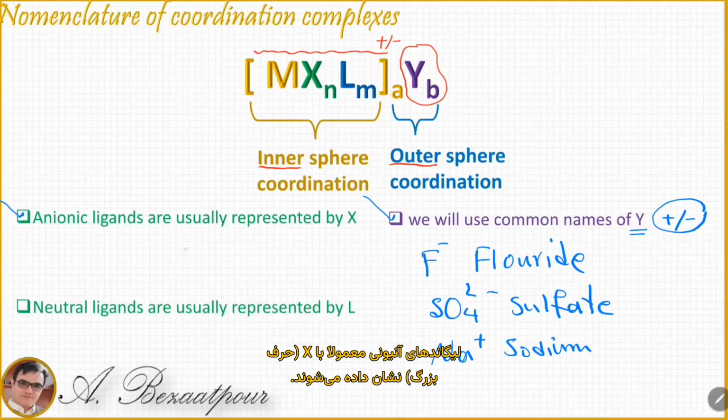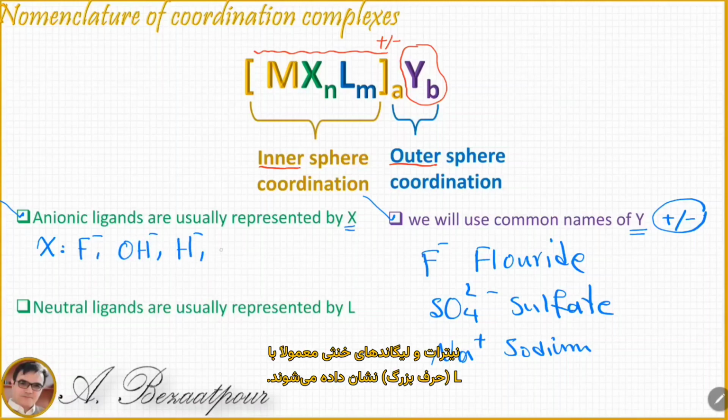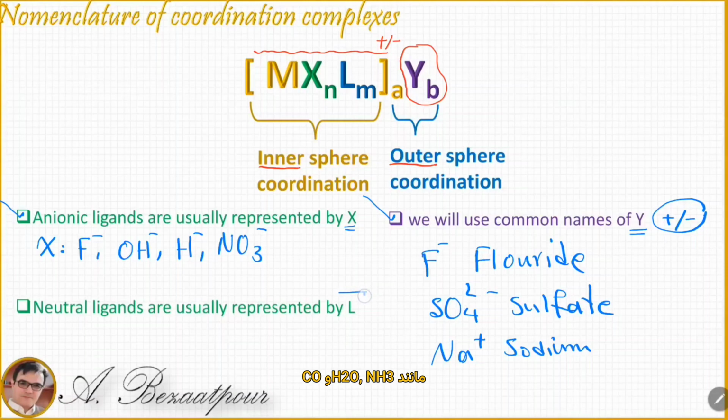Anionic ligands are usually represented by capital X, such as fluoride, hydroxide, hydride, nitrate, and neutral ligands are usually represented by capital L, such as water, amine, carbonyl.